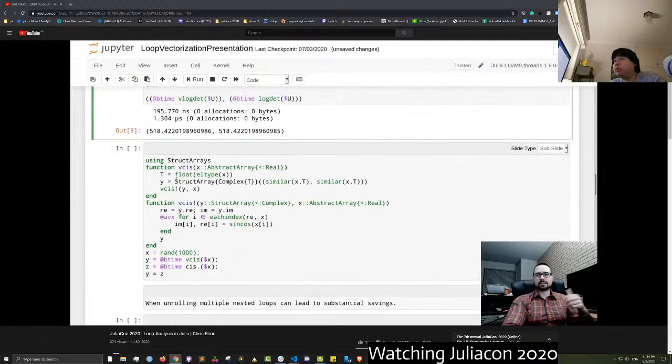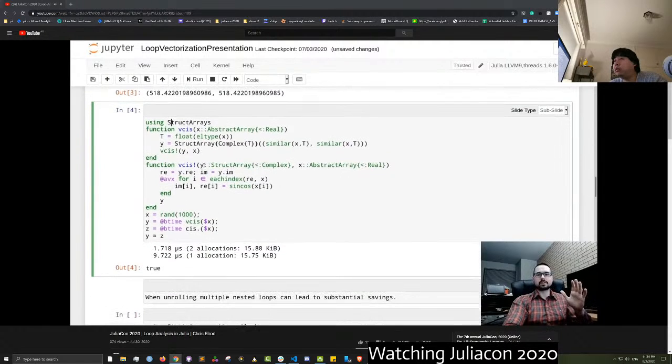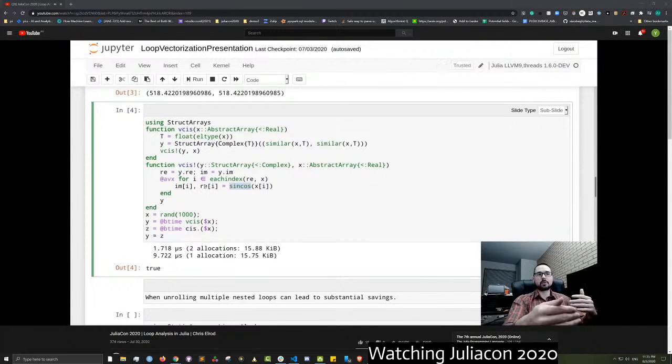We can look at another example here that I don't want to go into too much detail on, just showing workarounds for some of the limitations, and noting the memory layout of StructArrays as a library that maybe you should look into on your own time. It can work around the fact that imaginary and real numbers tend to be interleaved, which, as we said, is not what we want because we're doing SIMD across loop iterations.